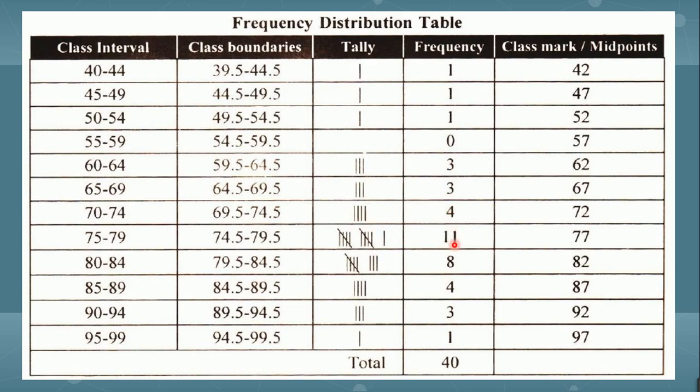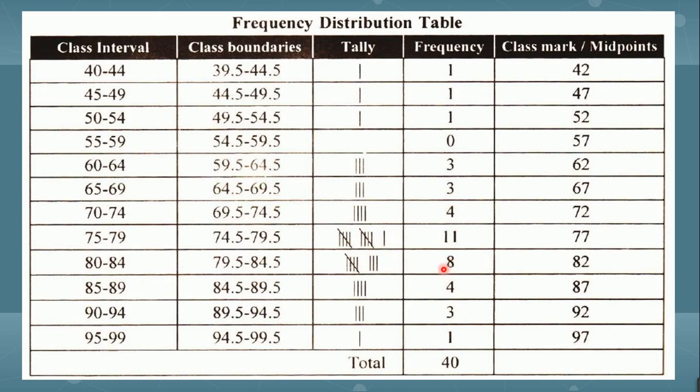So frequency is 11: 4 vertical lines and a fifth line intersecting these 4 vertical lines makes a set of 5 lines. 5 and 5 make 10. For 11, draw one more vertical line like this.